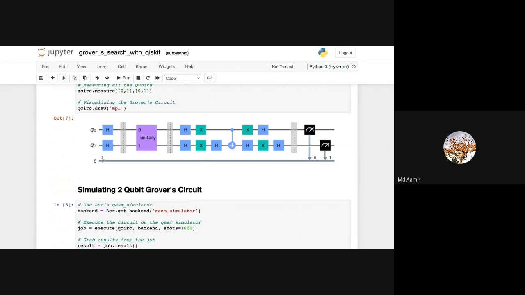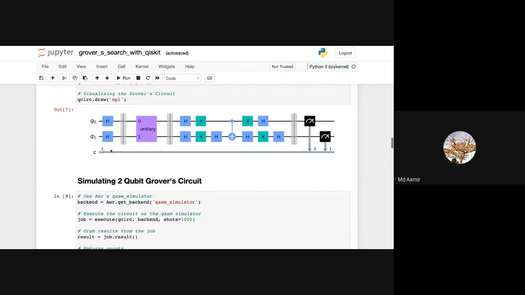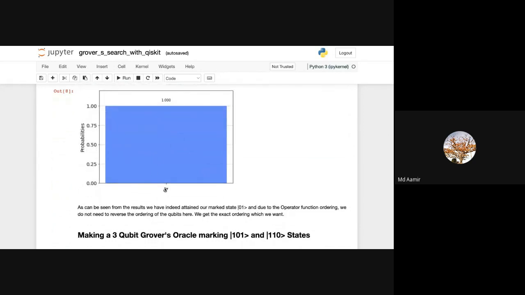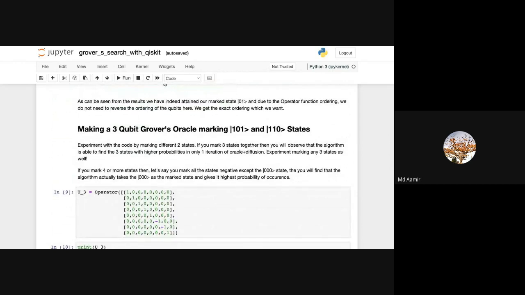If we take the ceiling, one iteration is sufficient to get 01 with almost sure probability. That's why we get 01 with surety, and this was the solution. So yes, that's working.